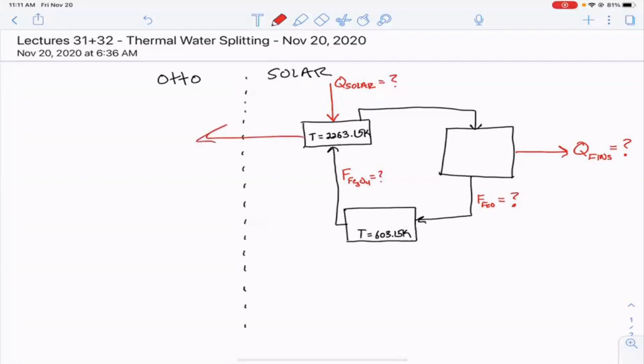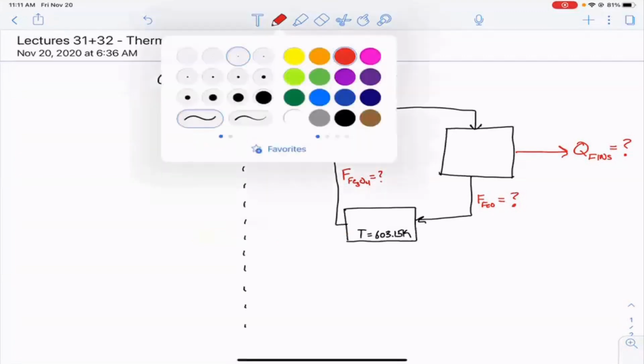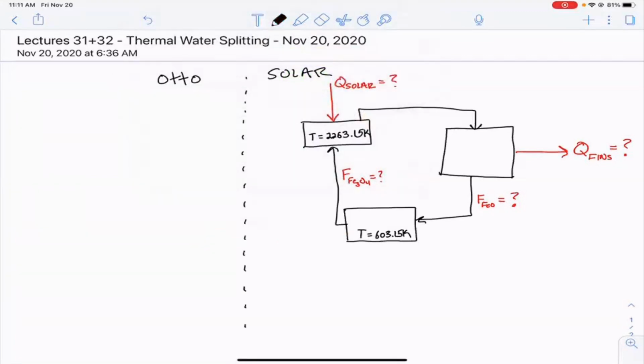We know we're going to end up with oxygen and hydrogen coming out of here, but we'll get to that in a second. We also haven't fed water into this system yet. So let's do that really quickly. We're going to have some sort of heater where water comes in and is fed to the process.